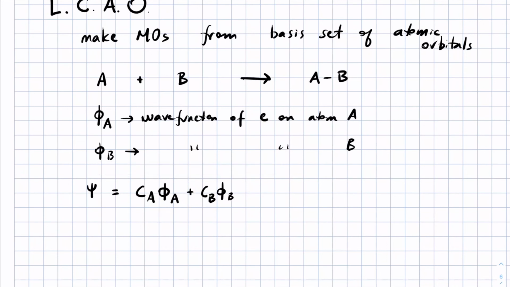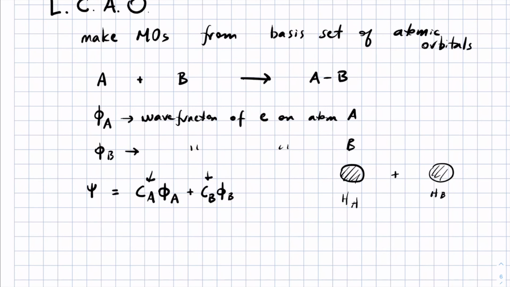If you took 351 for me and thought about this, this is like taking the 1s orbital on hydrogen A and adding it to the 1s orbital on hydrogen B and doing it in all possible phase combinations. Okay? But we want to be a bit more specific because we want to know now, mathematically, how much of this new molecular orbital is on atom A versus on atom B. And we're going to get that from these coefficients.